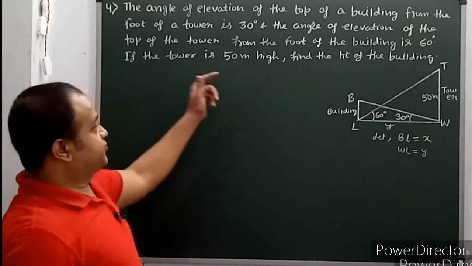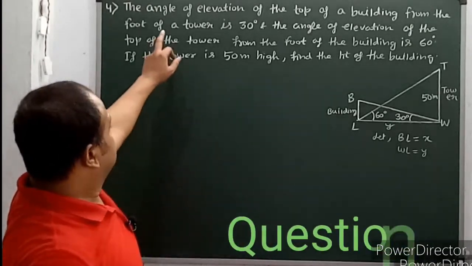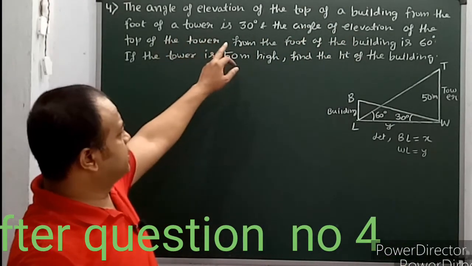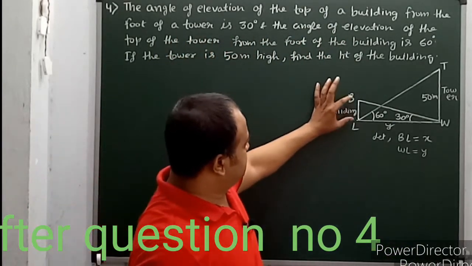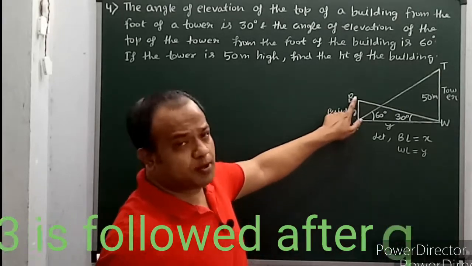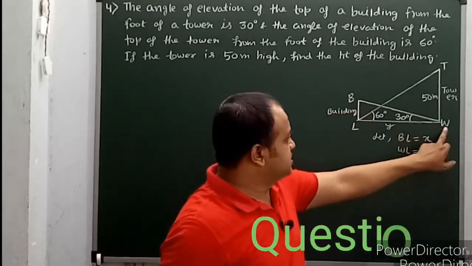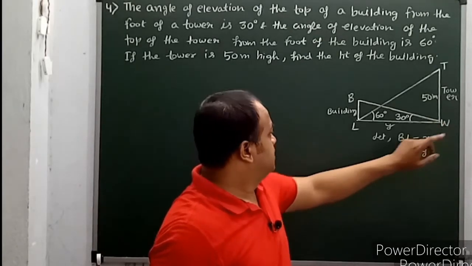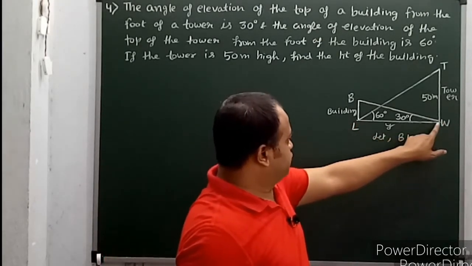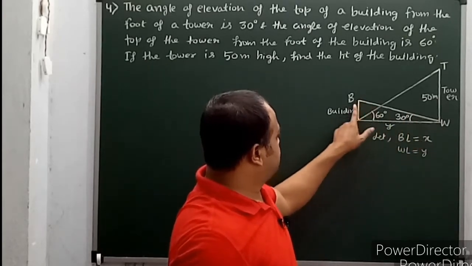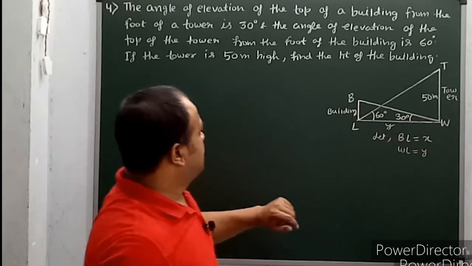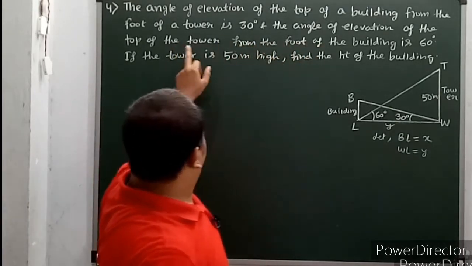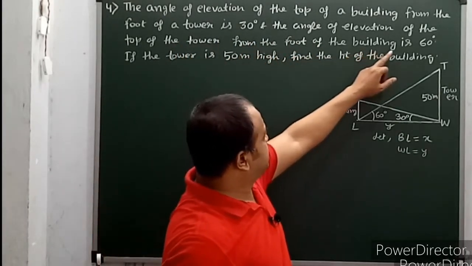Well, in the fourth sum, the question is the angle of elevation of the top of a building from the foot of a tower. Now, this is the building BL and B is the top of the building and W is the foot of the tower. So, from the foot of the tower, angle of elevation of BL is 30 degree and the angle of elevation of the top of the tower from the foot of the building is 60 degree.